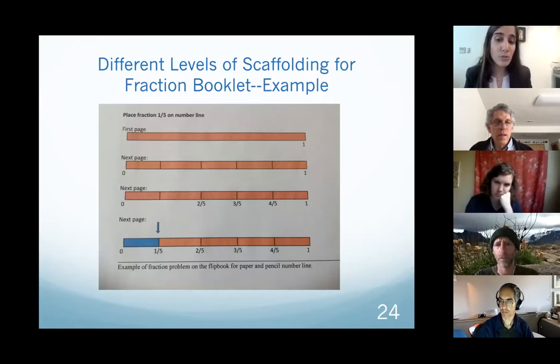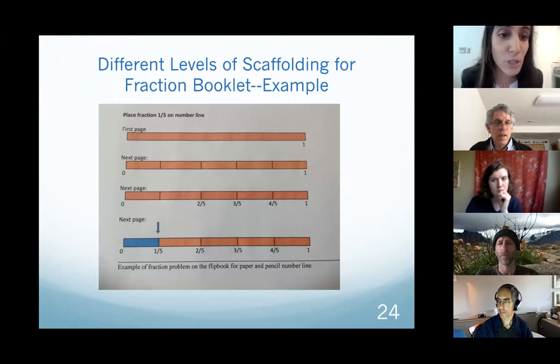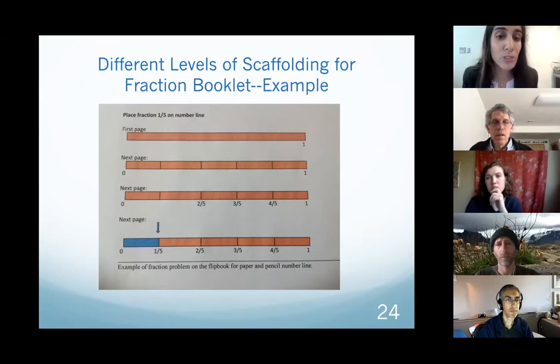The unidimensional one was exactly the same and had the exact same scaffolds and segmentations and labels and everything like that. The only difference was that it was a straight line, just a singular straight line from 0 to 1, but the scaffolds and all the partitions and everything was exactly the same, and even the arrow pointing on where it was at the end. So those were the 2 conditions.